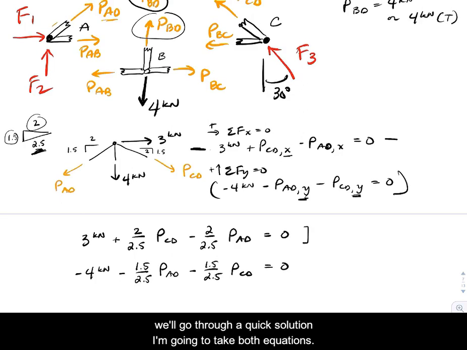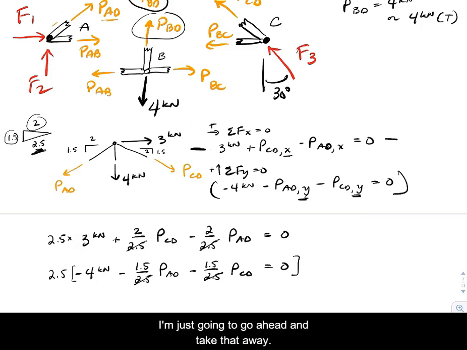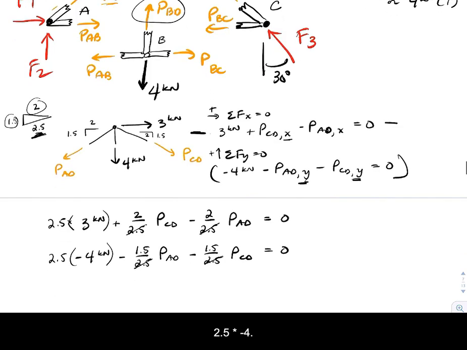I'm going to take both equations and multiply by 2.5. What that ends up doing is canceling the 2.5 in the denominator, so I'm just going to take that away. And so we've got 2.5 times 3, 2.5 times negative 4.